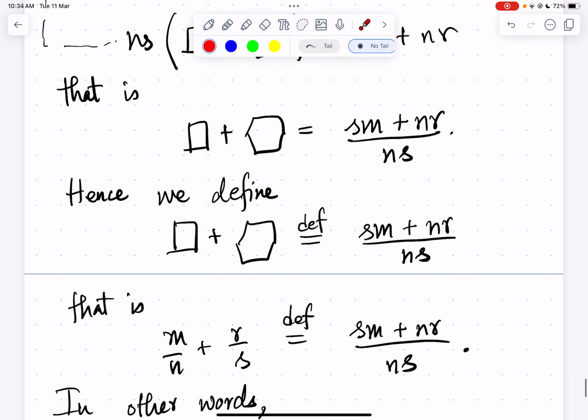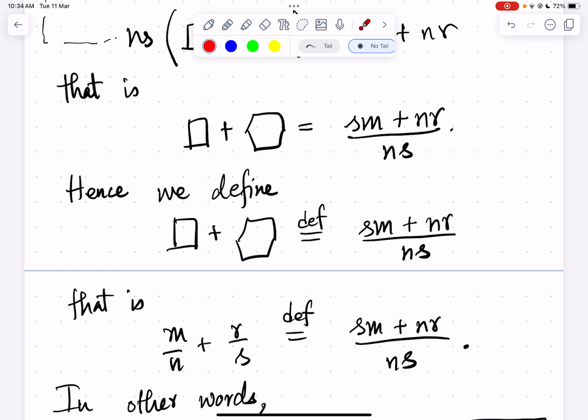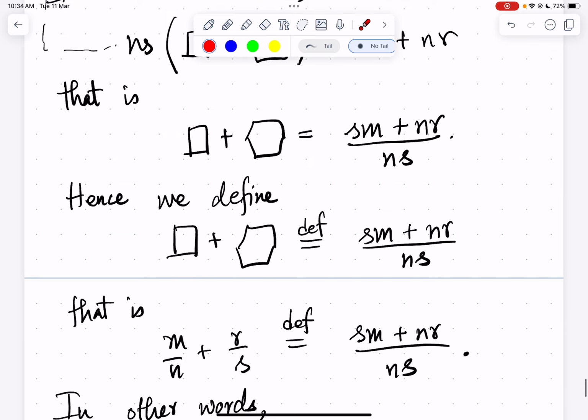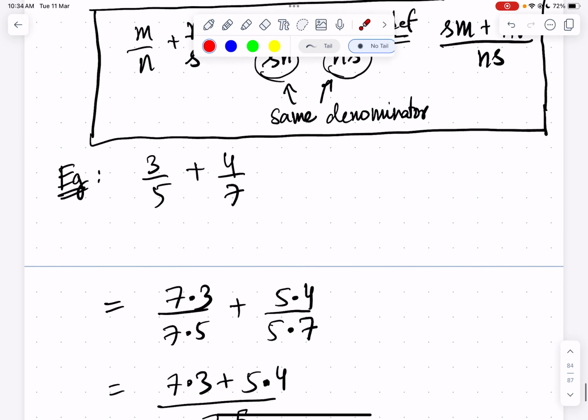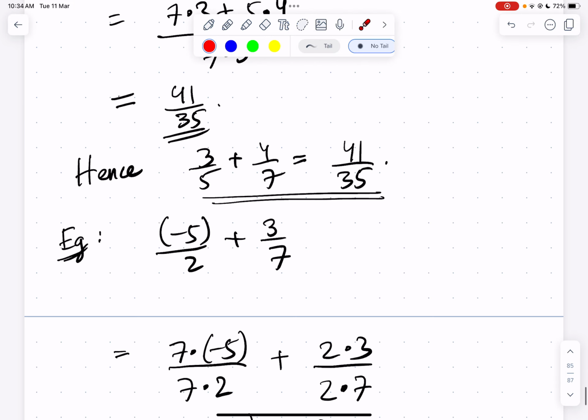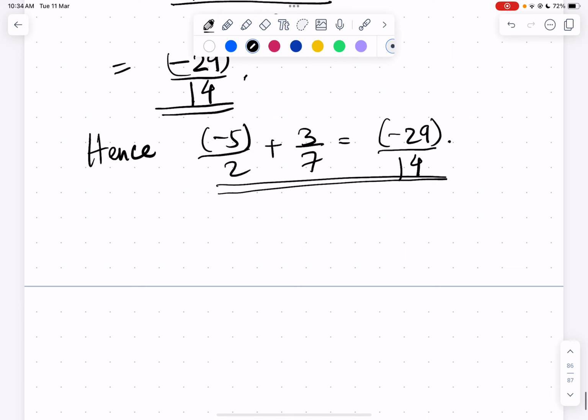Hence we define the sum to be this rational number. This is how we define addition of rational numbers.